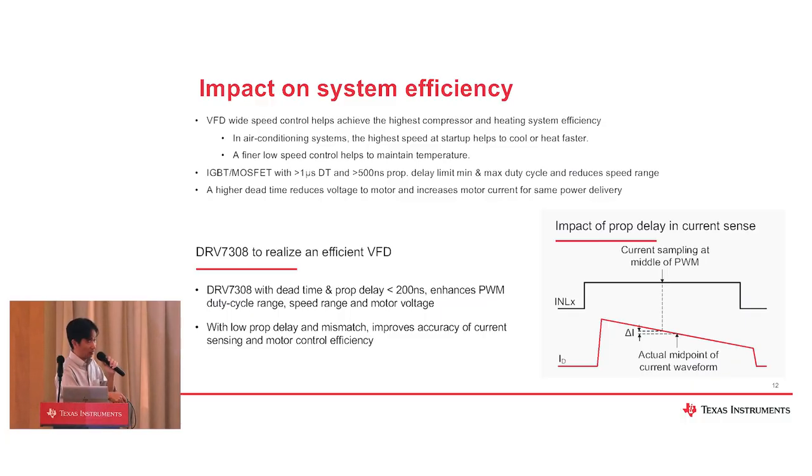It's not a nice square waveform. So the actual midpoint will be here, but when we sample, it's here. So there is a delta I, the error in the value that we sense for the current.